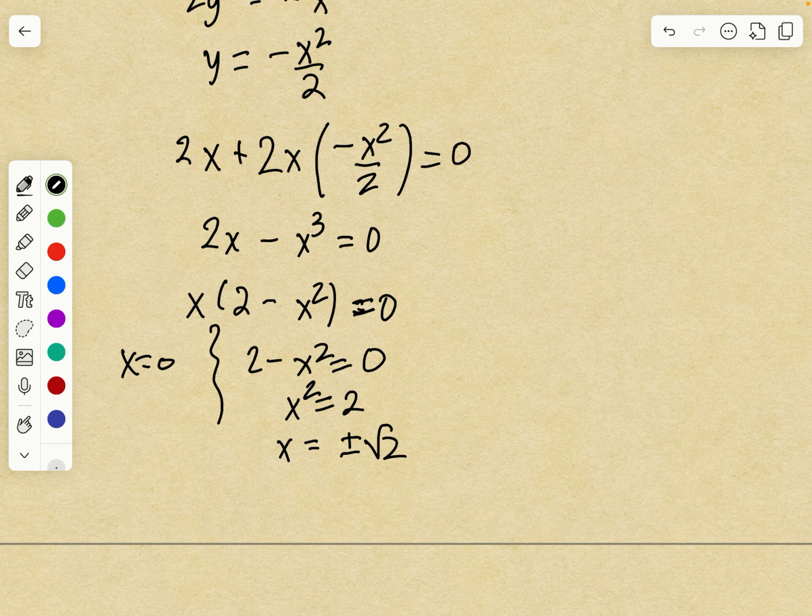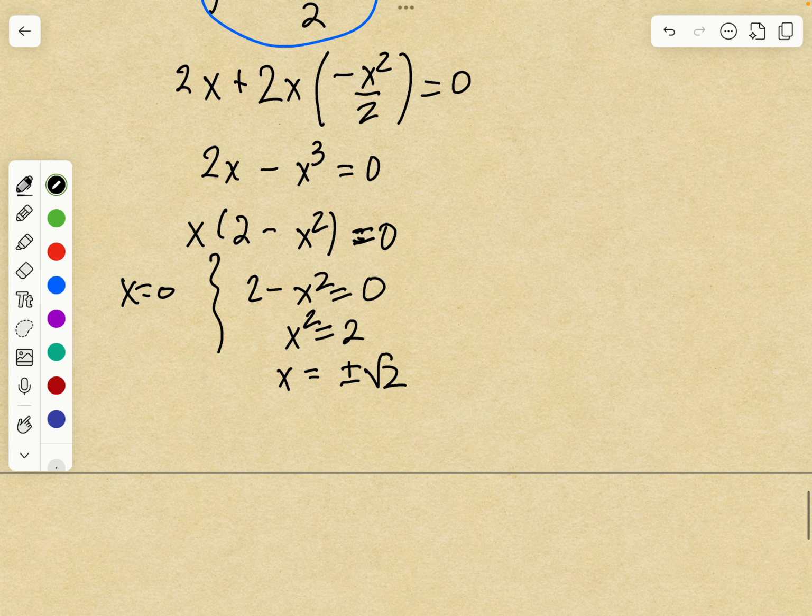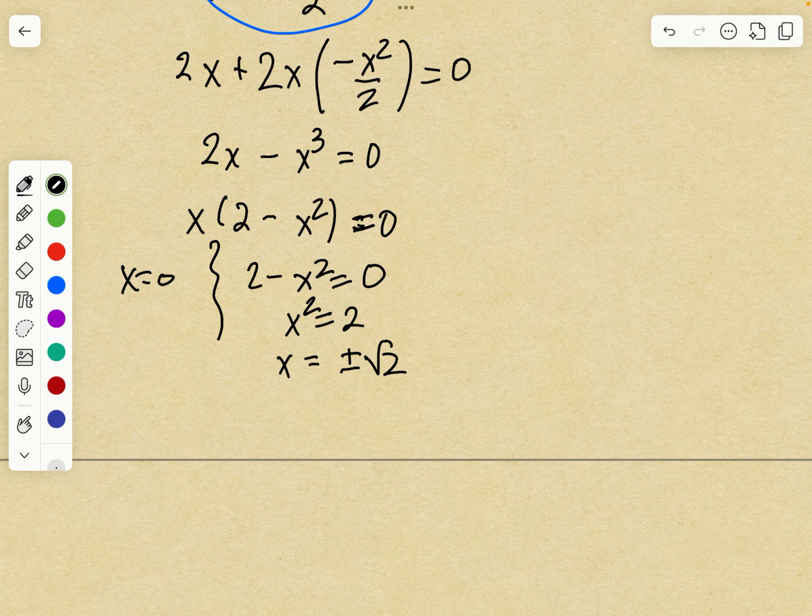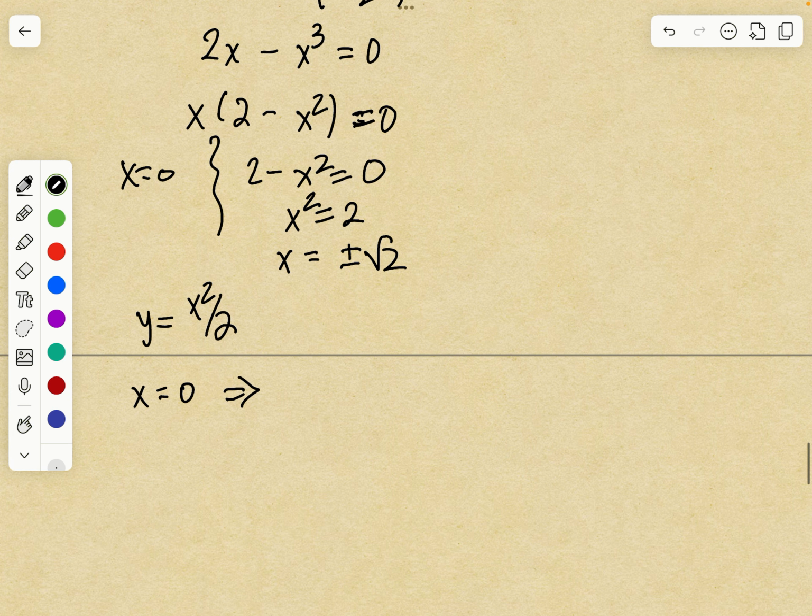So you're going to have 3 values of x: 0, root 2, and negative root 2. Now you need to plug those back in, since we found that y is equal to negative x squared over 2. If x is 0, then y is 0. If x is root 2, that gives me y equal to 2 over 2, which is 1.